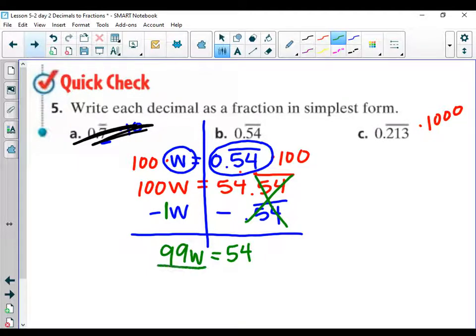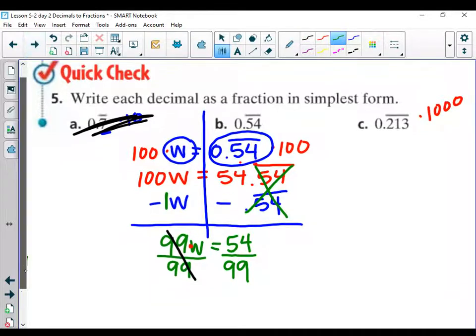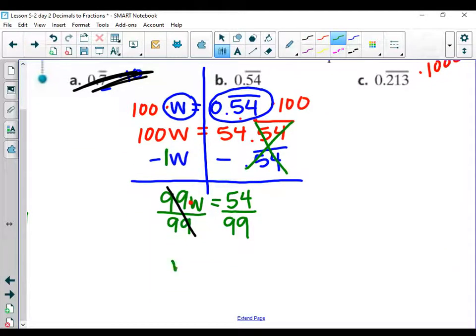Step 4, divide on both sides. Why? Because there was multiplying hiding in here. 99 divided by 99 is 1. W equals, oh, still got to simplify, step 5.